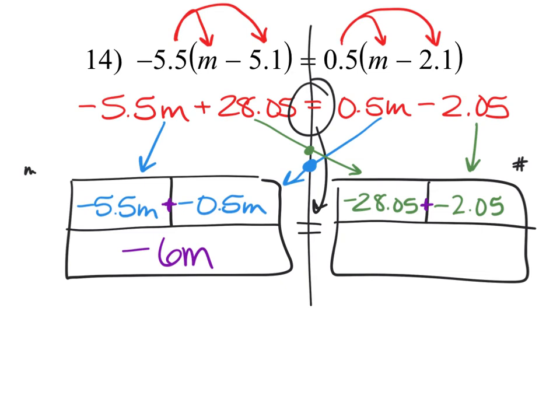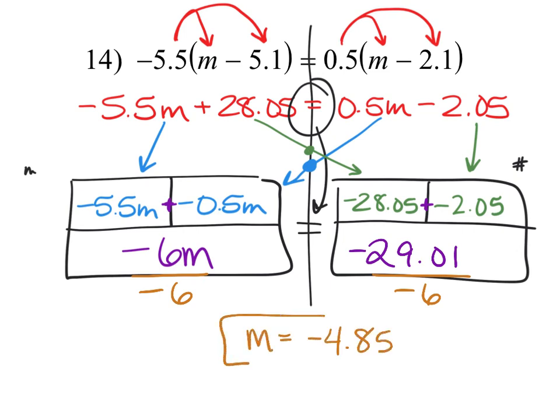And you're going to get negative 29.01. Very last step is like the last step of inverse operations. You're going to divide by the number in front of the m, in front of the letter, and arrive at your solution, negative 4.85.